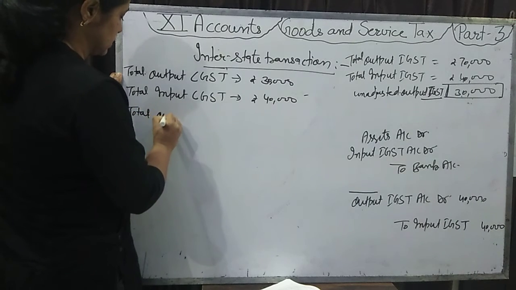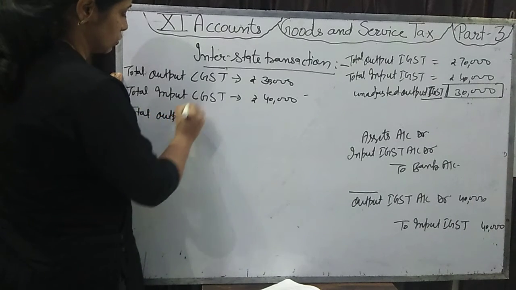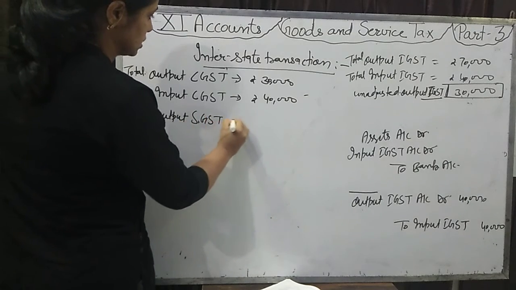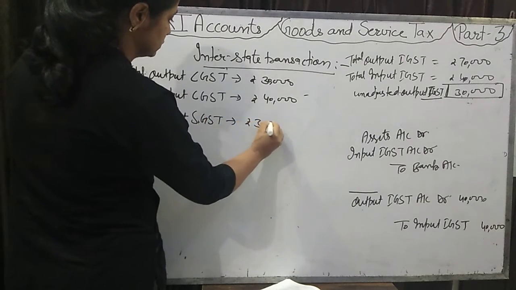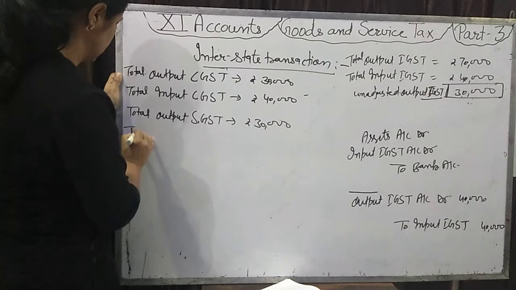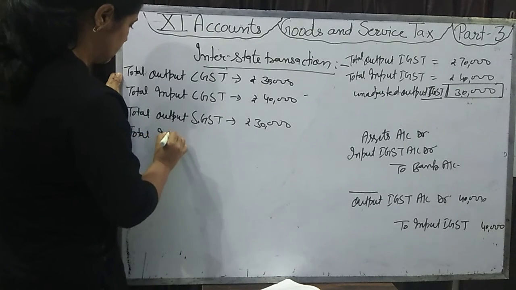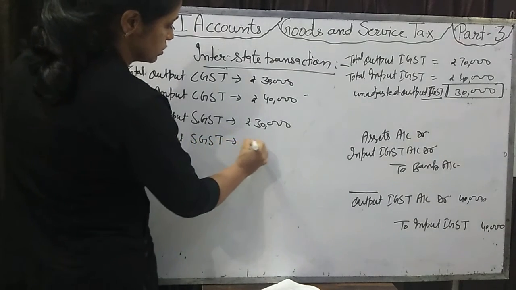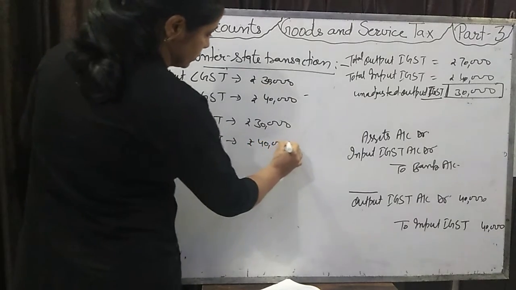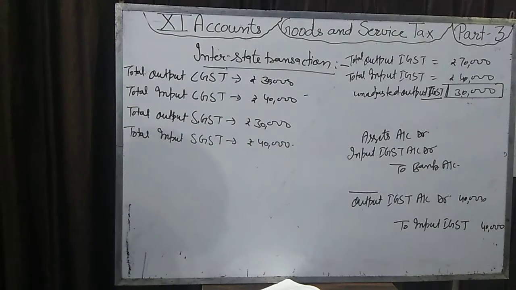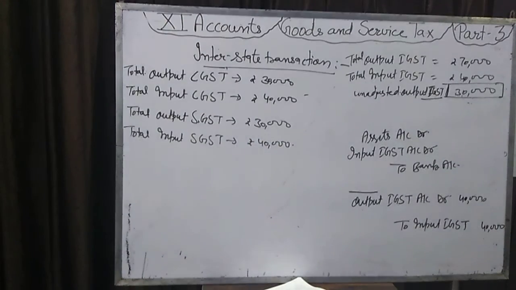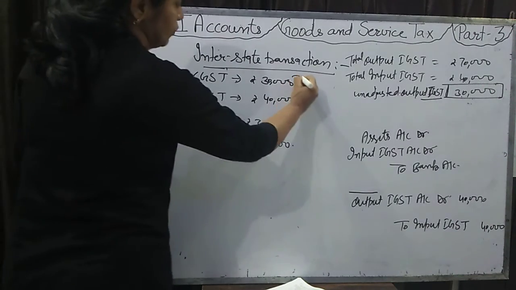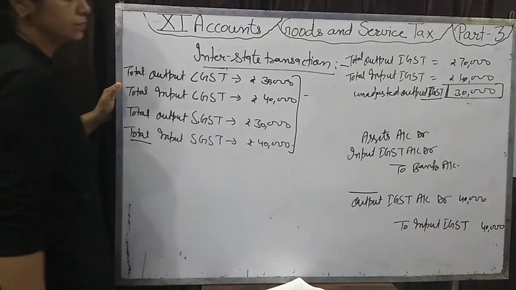Then SGST is the same, the amounts of both are the same. Output SGST is also 30,000 and total input SGST is also rupees 40,000. These are the amounts we have.